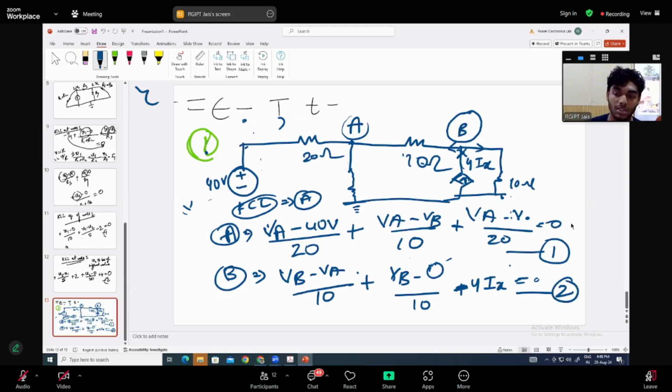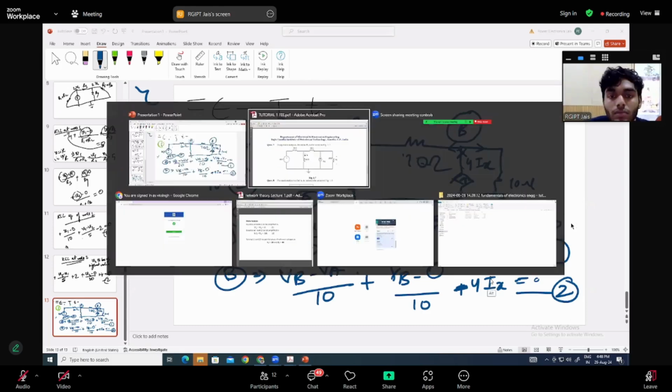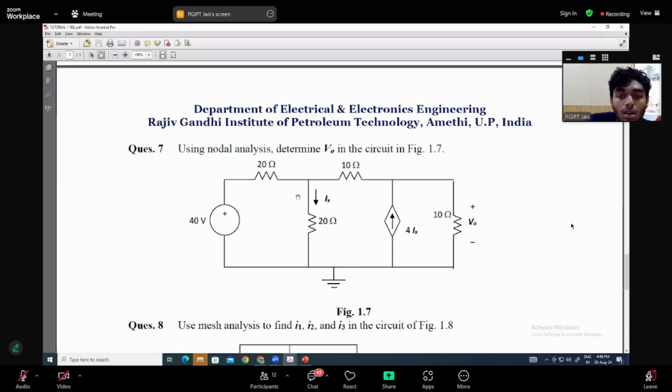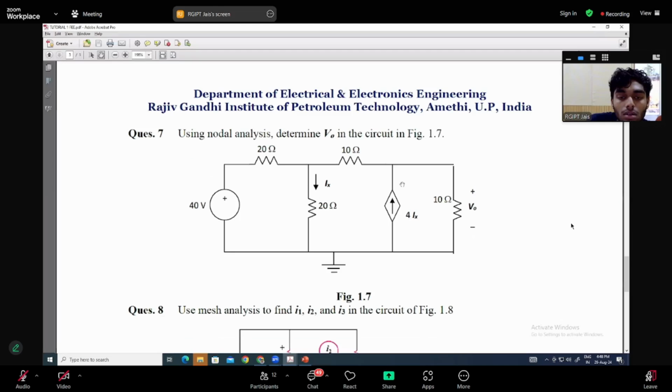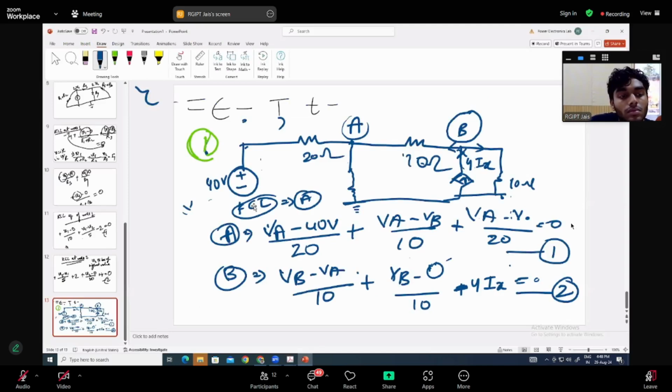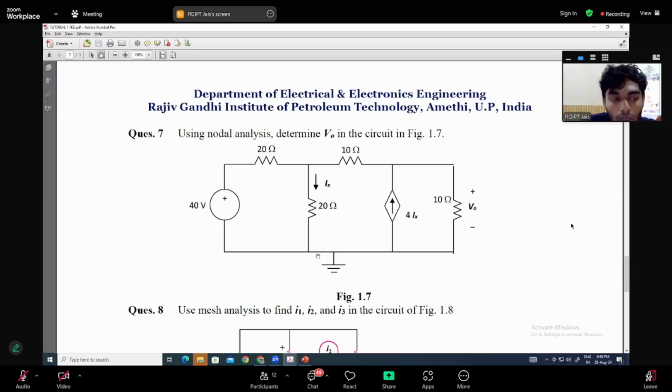By solving both these equations, you will get the answer. The value of Ix is also given. So you solve both of these equations and you will get the value of V naught.